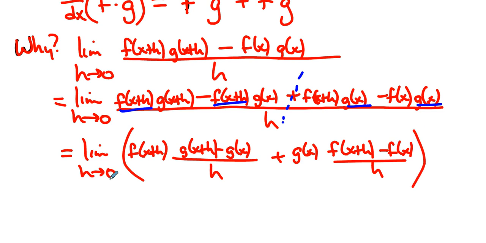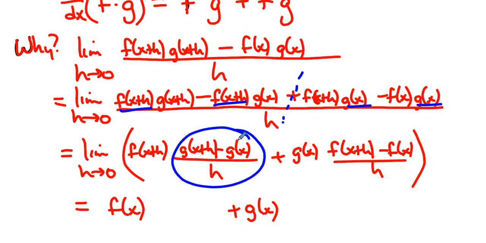So what happens as h gets closer and closer to 0? Well, this part gets closer and closer to f of x. This part is always g of x. Well, what's this? This is g of x plus h minus g of x over h. That's a limit. This is a derivative.